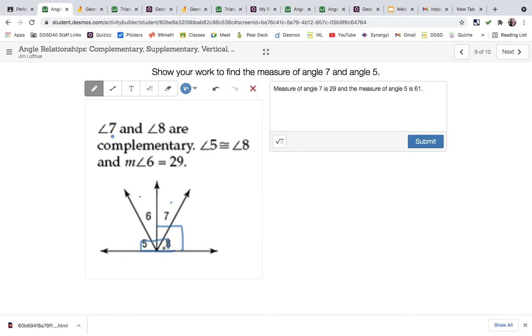Excuse me. That means that's 90. That means this is 90. That means that 5 and 6 are complementary. If 6 is 29, then 5 has to be 90 minus 29. So that's a little bit better proof for 5 being 61, and then 8 is the same measure, so it's 61, and so 7 has to also be 29.